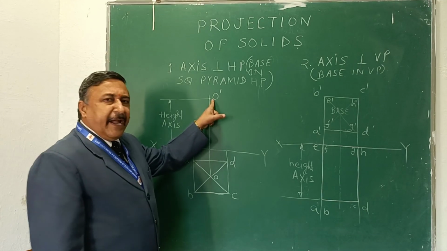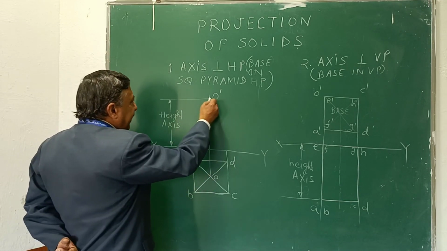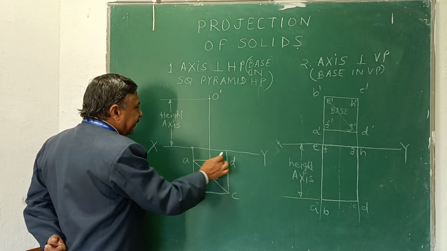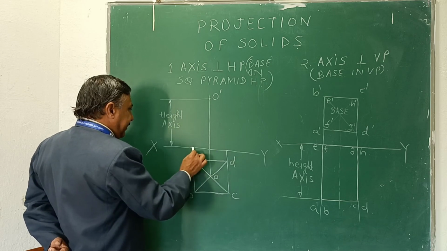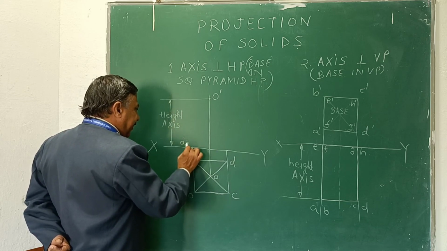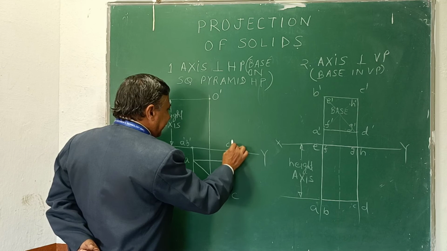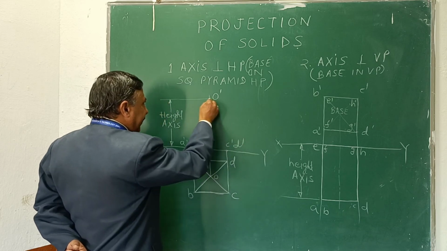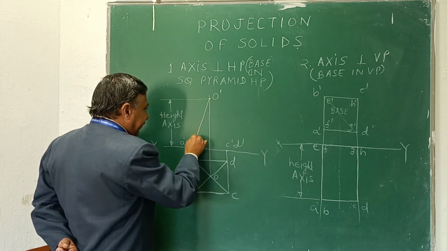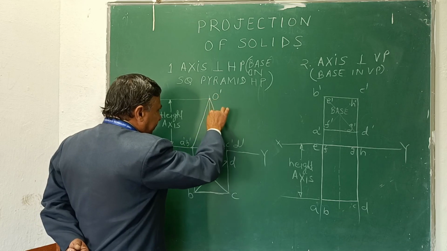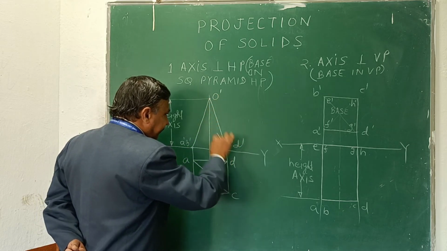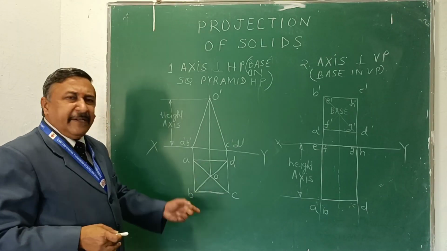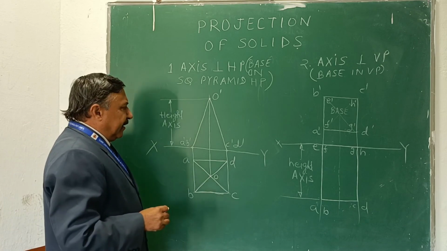There we find apex. Now join apex to these points. These are the base points. This is A dash and B dash, and this is C dash and D dash. So we just join the apex to base points, like this, same in the case below.